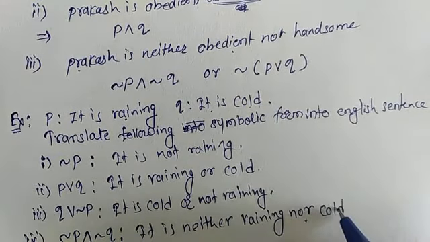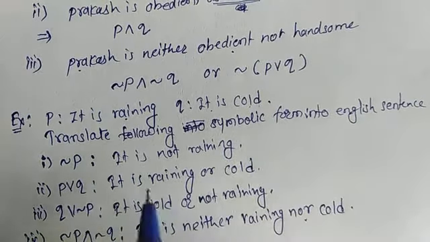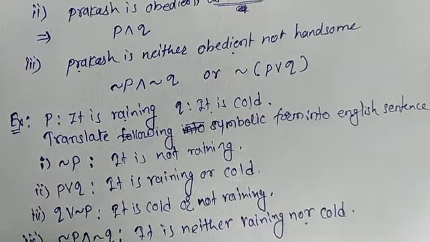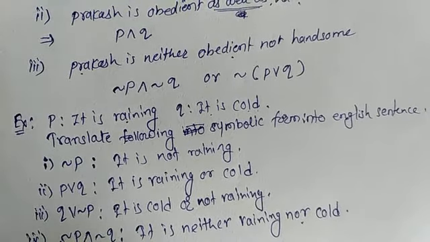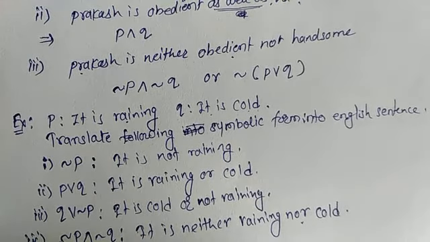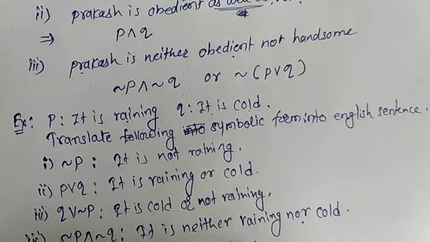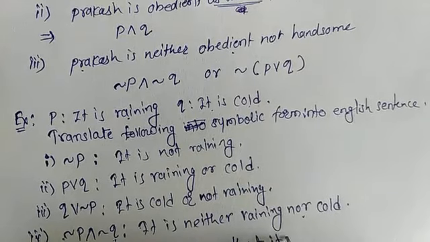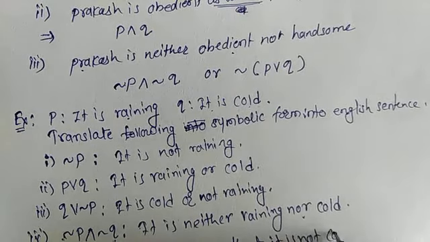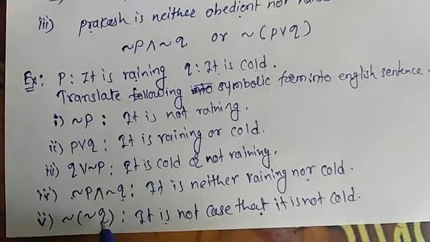Okay, it is neither raining nor cold for negation P and negation Q. And last, it is negation of negation Q. You have to write it is not the case that it is not cold, because it is given negation of negation Q.